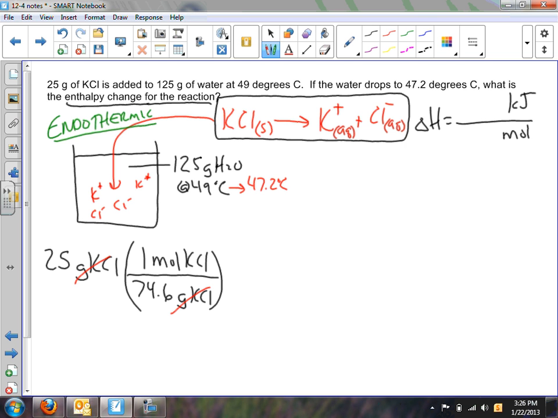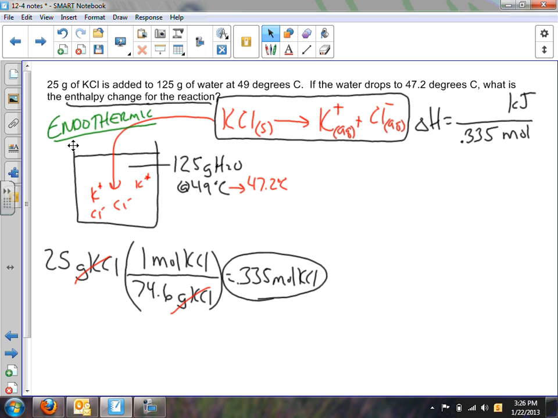When you divide those, 25 divided by 74.6 gives me 0.335 moles of KCl. And that's what I need right here. So for my enthalpy change, I need kilojoules per mole. I've got the amount of moles. Now I just need to find the heat.